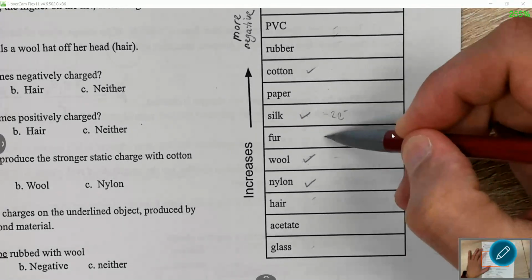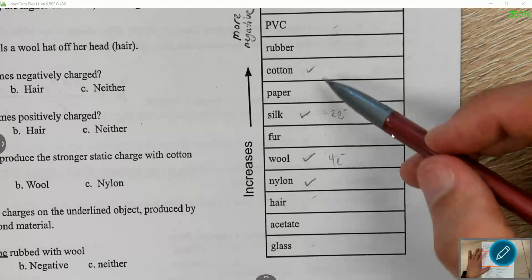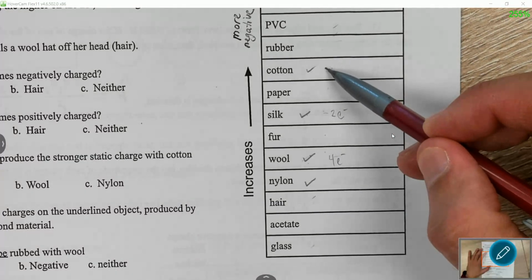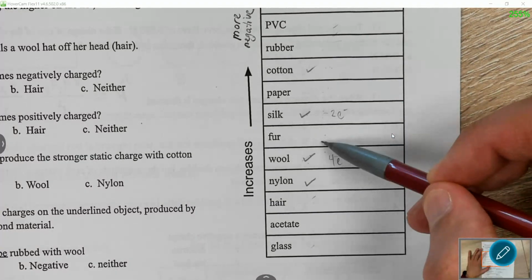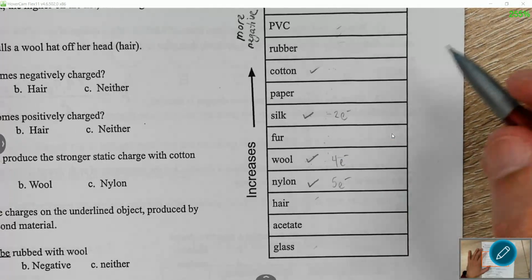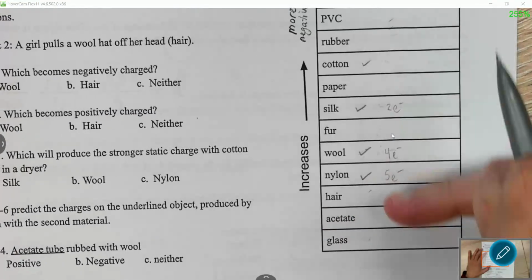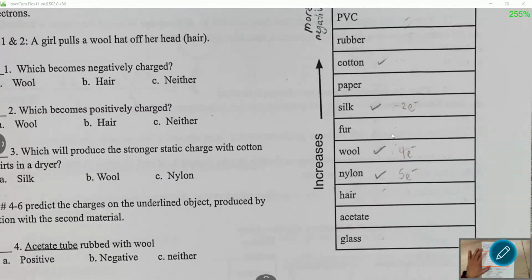It's 1, 2, 3, 4 away, so let's say it can take 4 electrons from wool. And for nylon from cotton, 1, 2, 3, 4, 5, it could take 5 electrons away. Because there's a larger distance between cotton and nylon than the others, it can take more electrons away, and the larger the difference, the stronger the static charge.